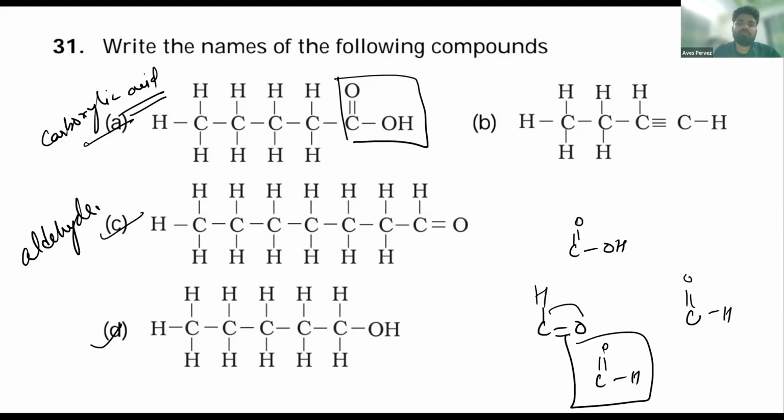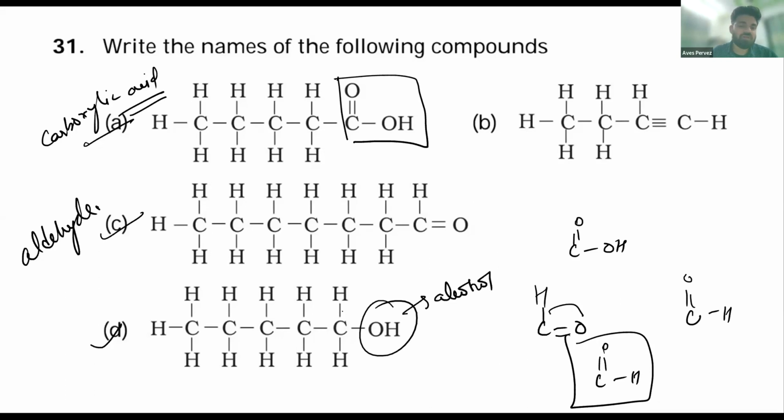Tell me D. Which functional group is present in D? OH. The OH is alcohol, right? Yes, OH is alcohol. You are correct.